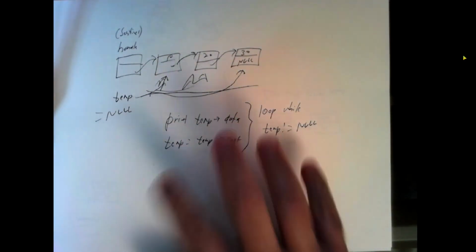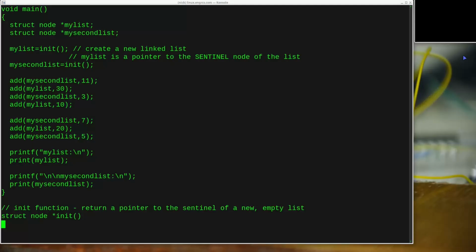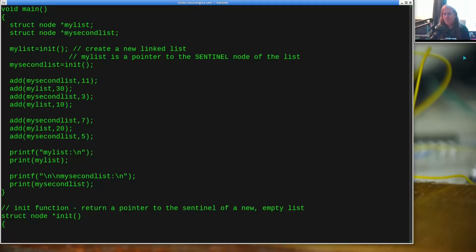So the practice problems will work on this, and we'll take you through basically this set of functions, and then in the following lecture, part 3 of linked lists, we'll start taking on more functions.